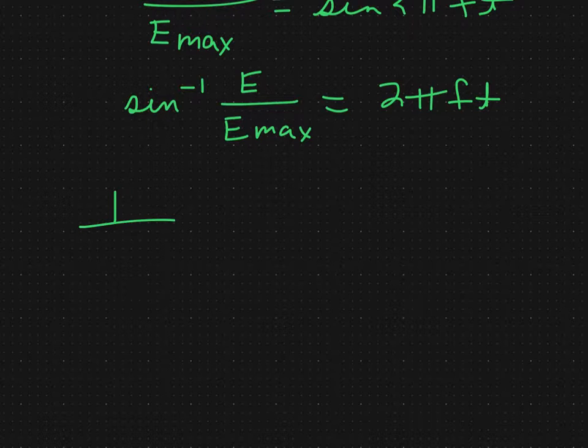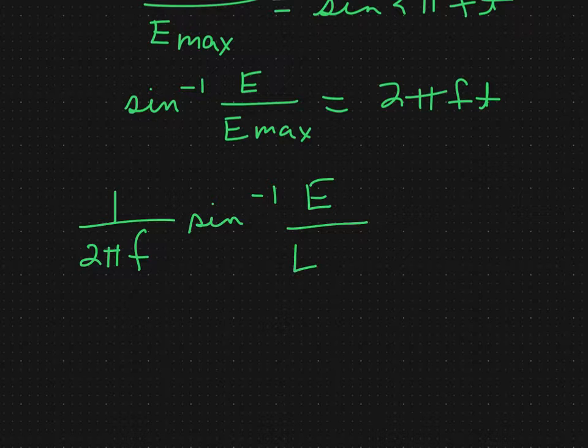So 1 over 2 pi f sine inverse of E over E sub max would be equal to t. Okay, that's part A.